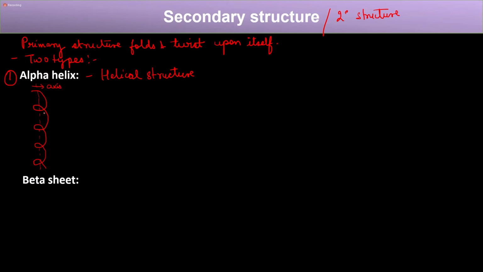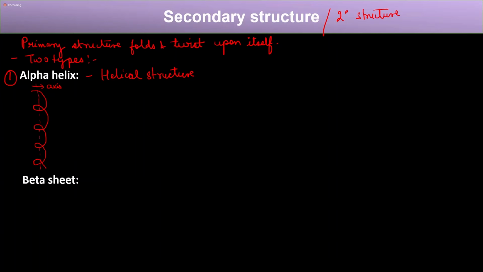Now, these helical structures are always right-handed. So if you take a pen and start wrapping a thread around it, in the case of the alpha helix the thread will always be wound in a clockwise direction.